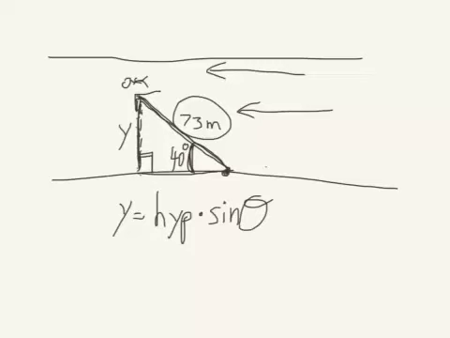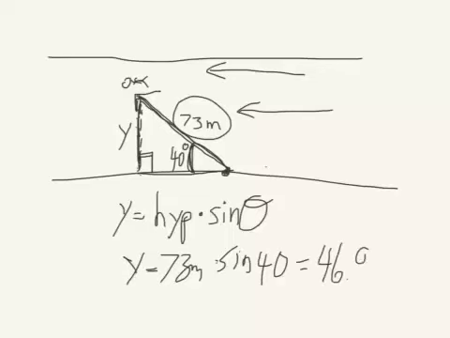And here we know the hypotenuse happens to be 73, and theta happens to be 40. So the y value of his displacement is 46.9.